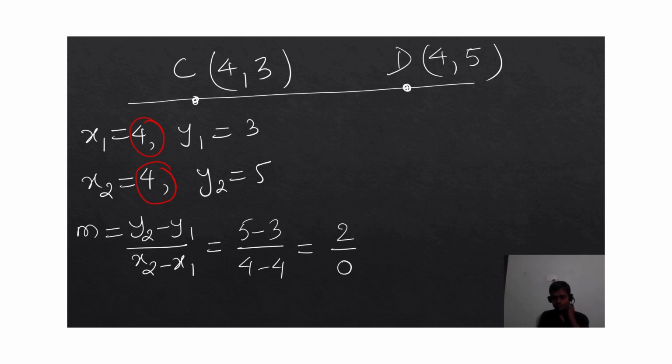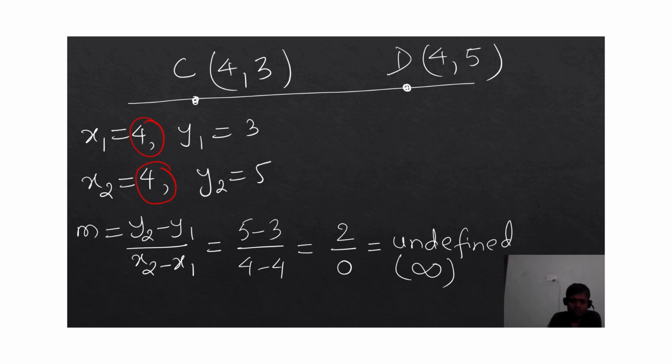So 2 is a non-zero number, and whenever 2 is divided by 0, the result is undefined. We see it to be undefined, or sometimes the value infinite is used. What does it mean in case the slope is undefined? This condition occurs only when the x coordinates of both the points are the same. In such cases we say that the line is parallel to the y-axis.